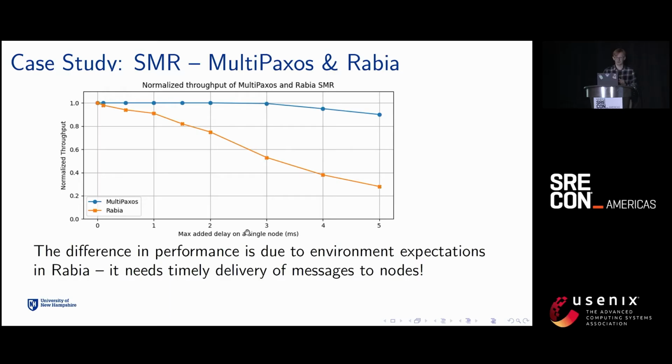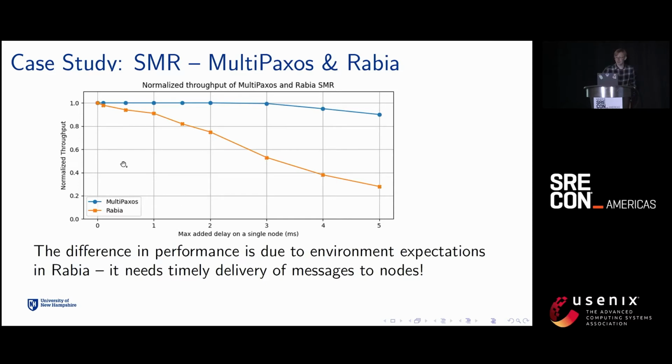On the x-axis here, I show the delay that I introduced to just one node out of three nodes in that toy setup. Both algorithms run on three VMs, three servers, and one of these servers has an artificial latency added to it, anywhere from 0.1 milliseconds to 5 milliseconds. And it's not just 5 milliseconds, it's up to 5 milliseconds, taken from a distribution.